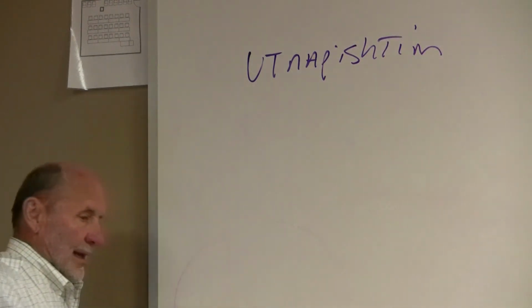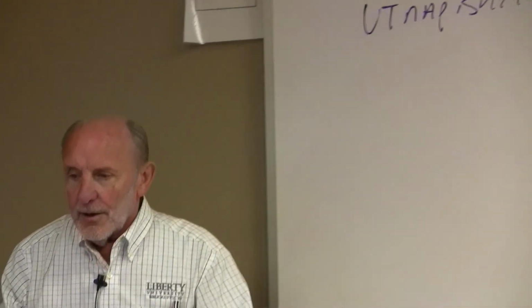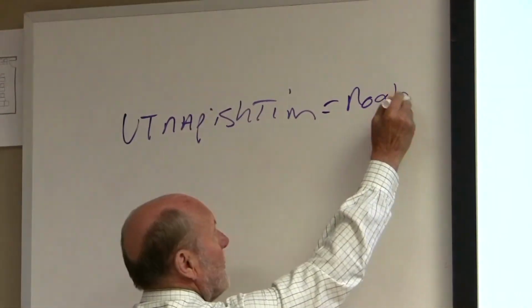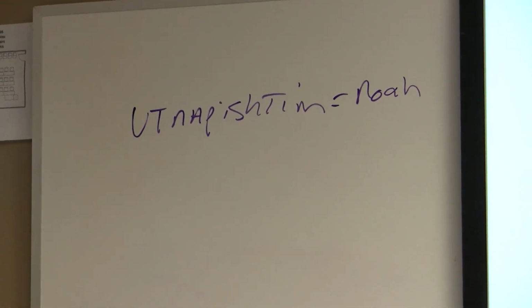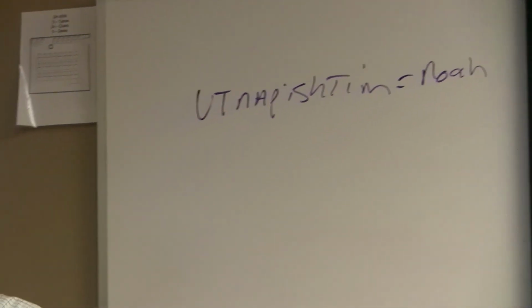Utnapishtim is literally day of life, and Utnapishtim equals Noah. He has been through the great flood and has survived it and has learned the secret of life eternal.